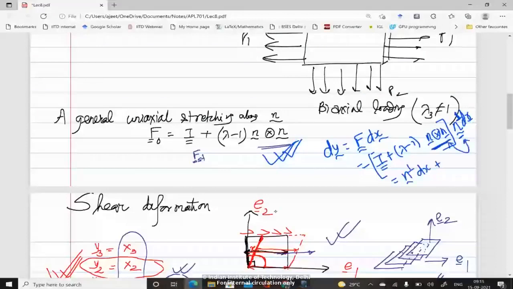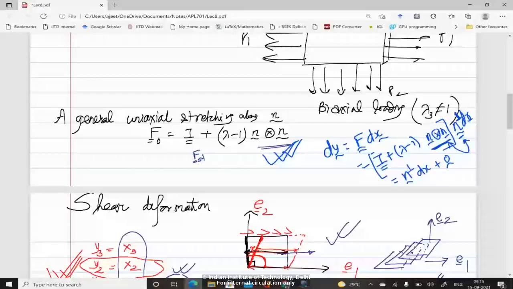Therefore it gives you 0. So all other line elements perpendicular to n are unchanged. And isn't that the case of uniaxial stretching? Yes, sir. Understood, sir.